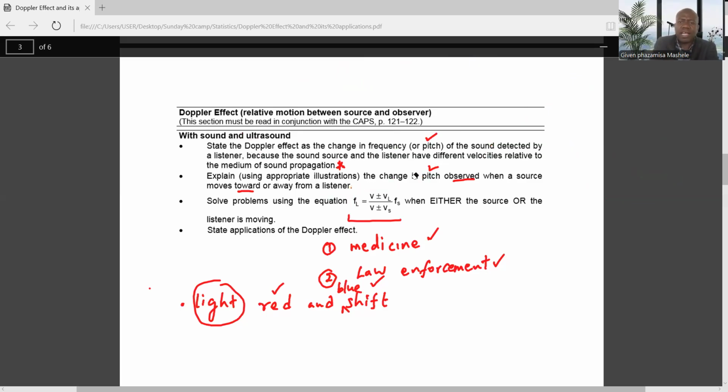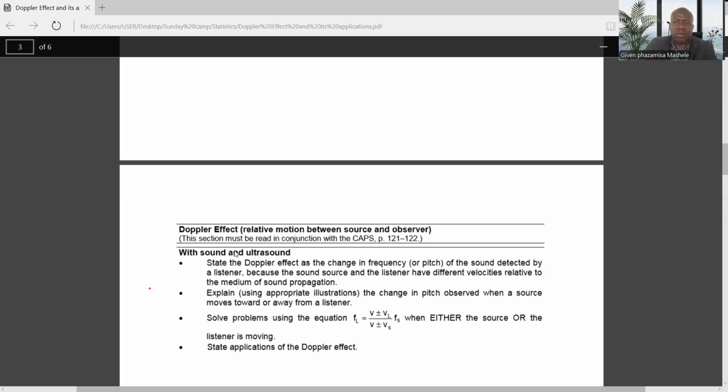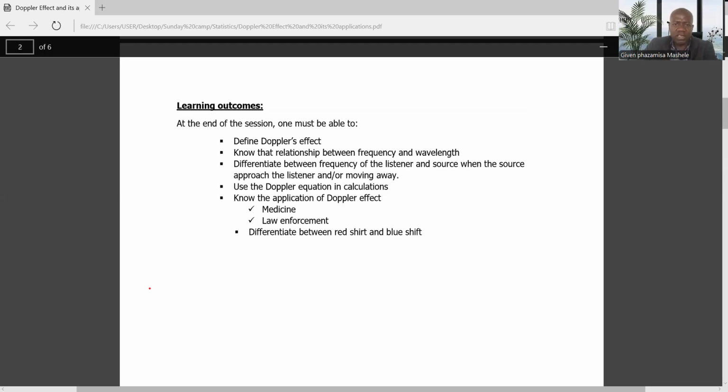And again, in terms of explaining the change in pitch or frequency observed when the source moves away or towards the listener, these are the things you need to understand when dealing with the Doppler effect. Right, let me now take you through what I just said.